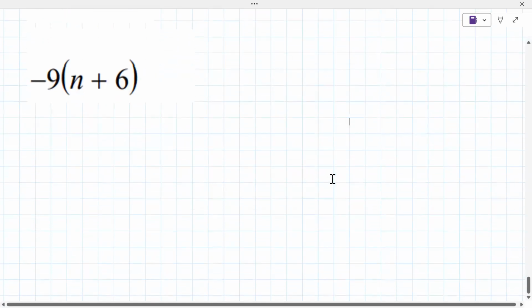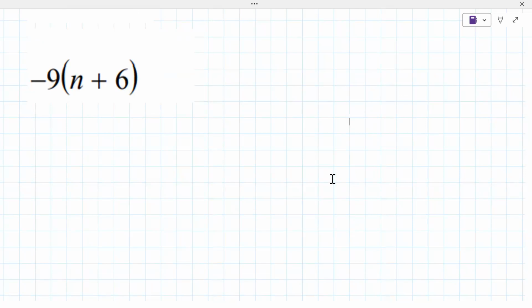Okay, try this one, please. It'd be -9a minus 54.